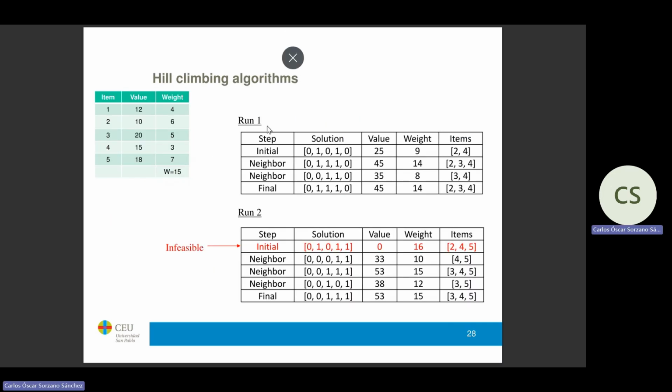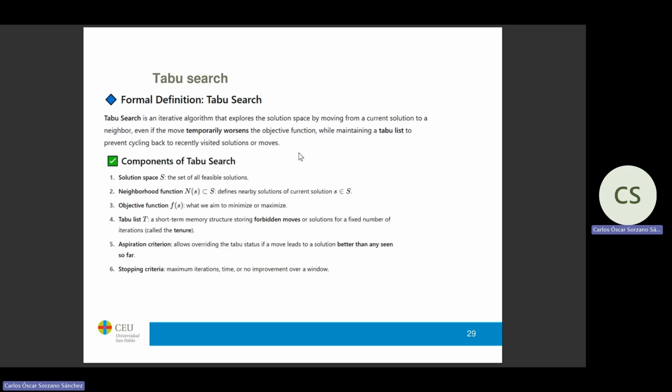Let's say that you decide to move from this solution to this one. Then this element is in the taboo list because you don't want to go back to the original one, because you would be all the time going from first to second, second to first, and you want to prevent those cycles. So you say for the next 3 iterations, you cannot take this solution. We will see an example.